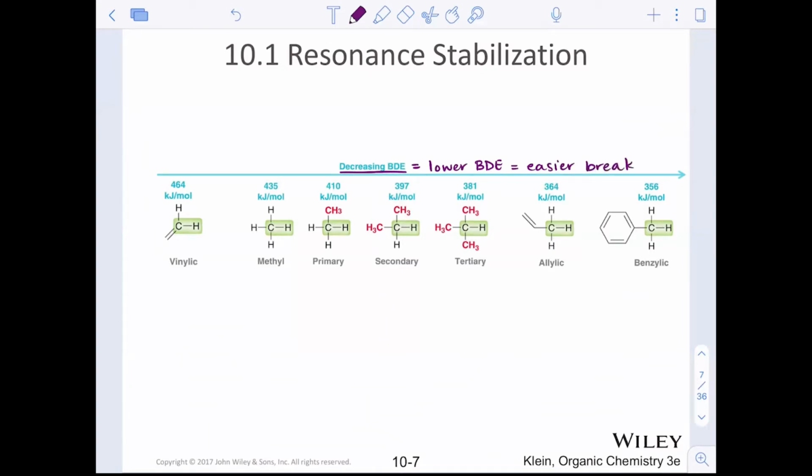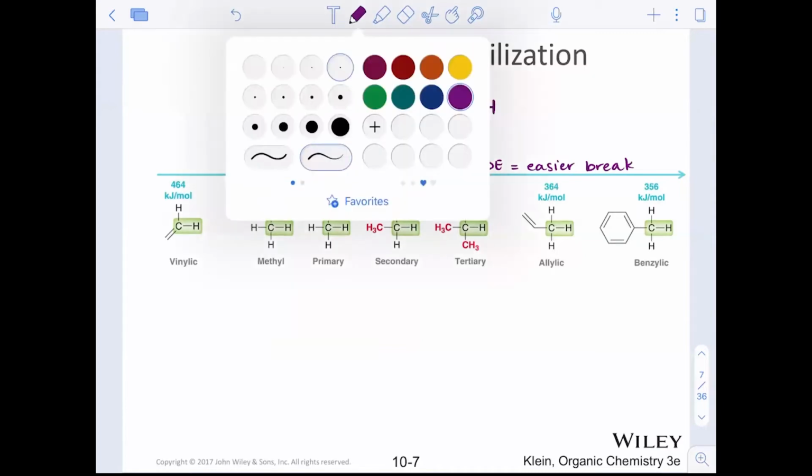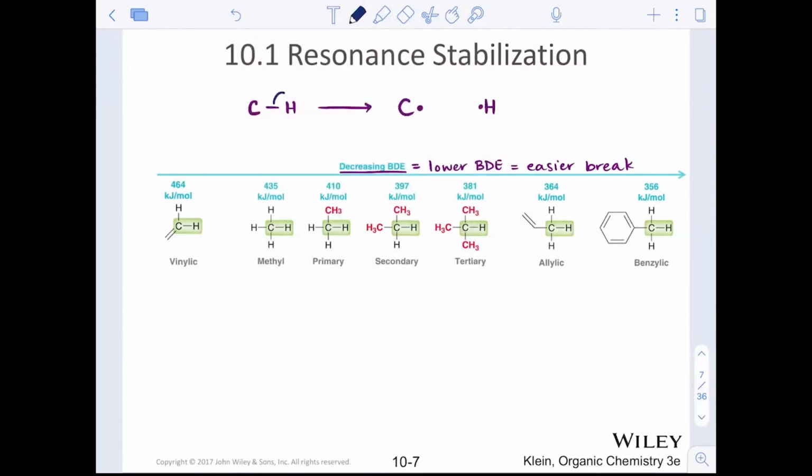What we have to think about is that all of these carbon-hydrogen bonds are imagined to break homolytically. Just imagine that is what the bond dissociation energy means. We took this bond and we broke it homolytically. The lower the bond dissociation energy, the easier that is to break, which means that the resulting radical is stable.